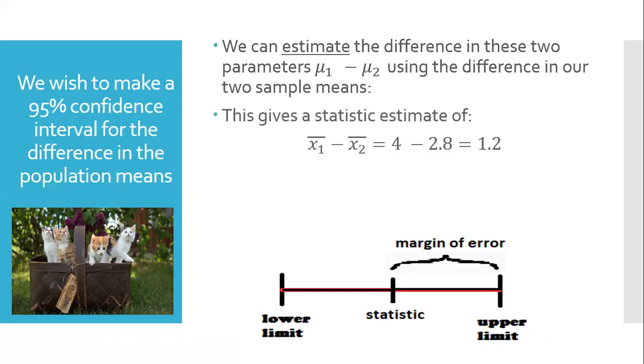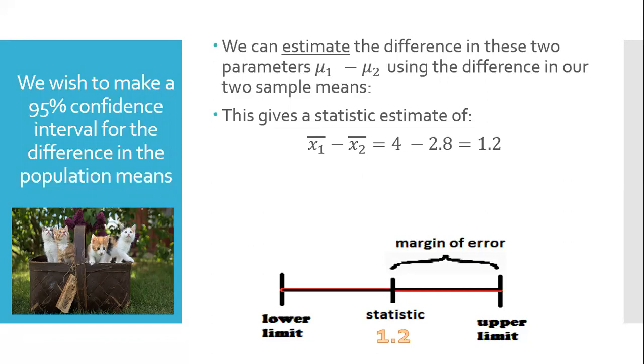Our statistic estimate would be x1 bar minus x2 bar, the difference in the Siamese cat sample mean and the Persian cat sample mean. 4 minus 2.8 gives a difference of 1.2 kittens per litter. In our sample, the Siamese mothers had, on average, 1.2 more kittens per litter than the Persians did.